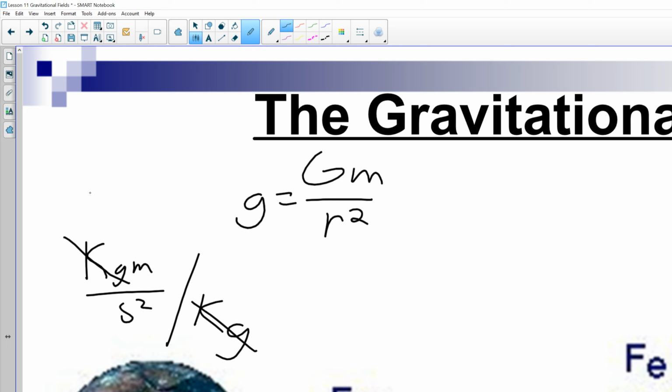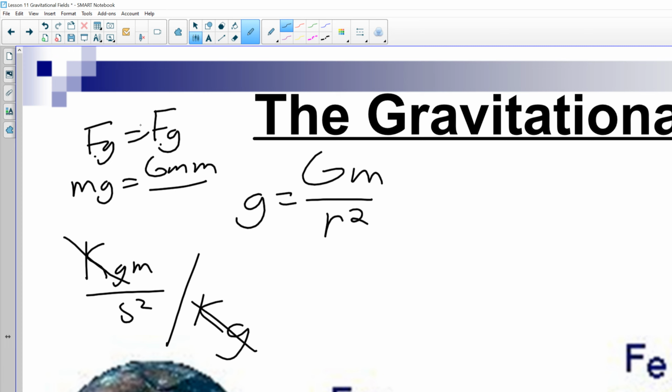You could write newtons per kilogram, or you could write meters per second squared. They're the same thing. This formula here is derived, and I think I showed you this yesterday, from doing this. The force of gravity is equal to the force of gravity. That means the force of gravity I feel, my weight standing on the surface of the earth, is equal to this way to calculate it.